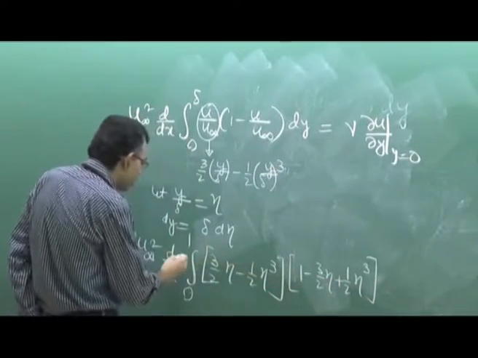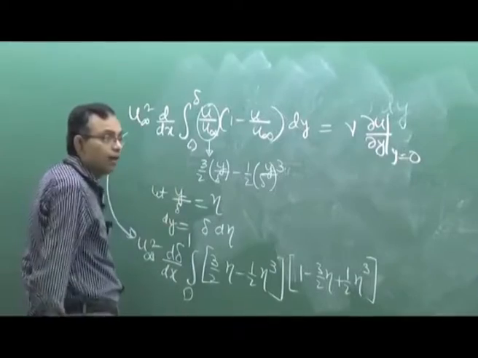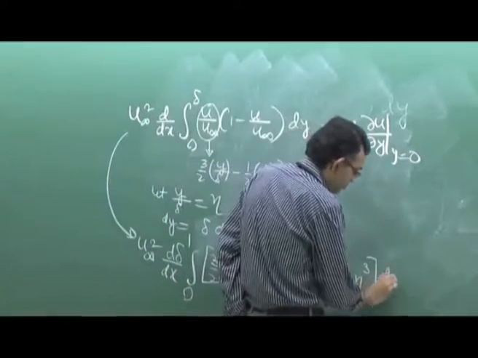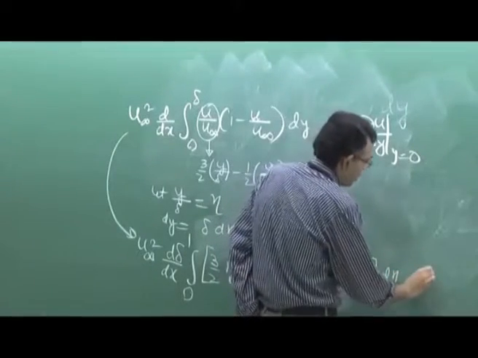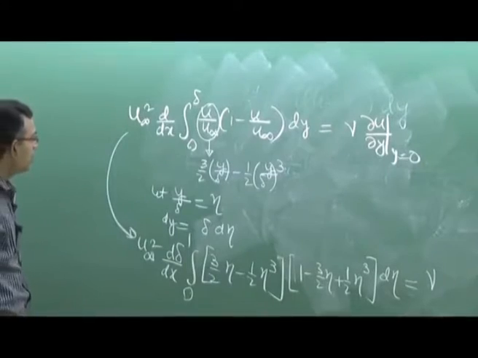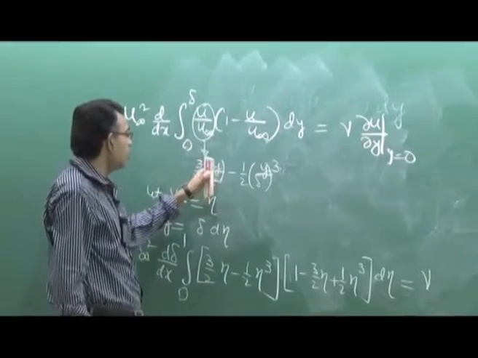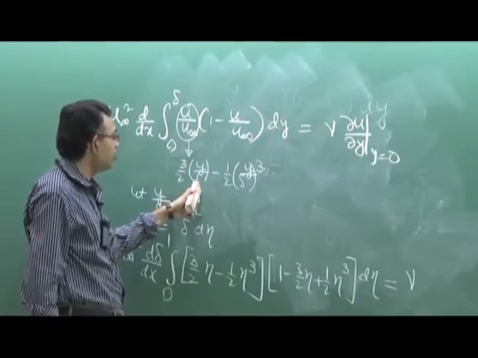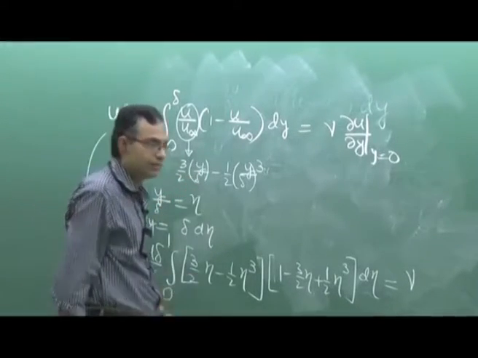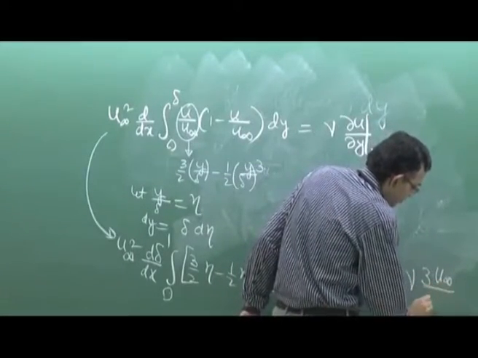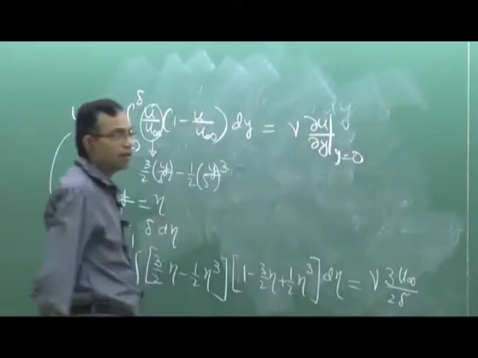So that delta we can bring here because delta does not depend on eta. What is del u del y at y equal to 0? At y equal to 0, del u del y is 3 u infinity by 2 delta, from the velocity profile.